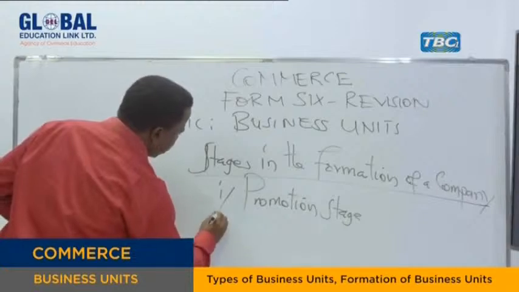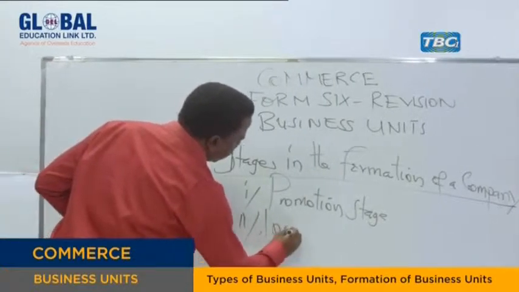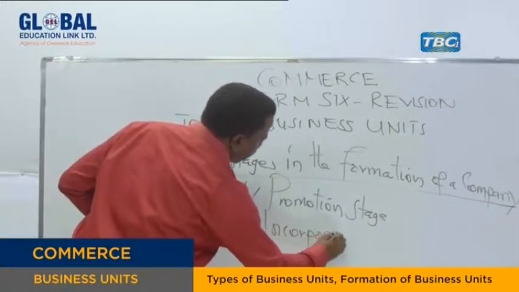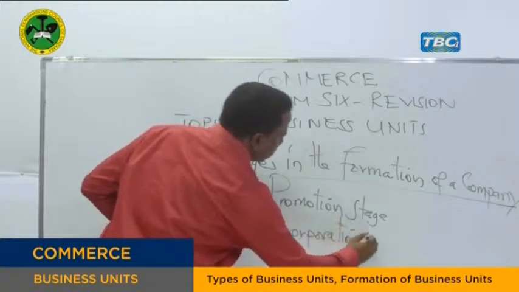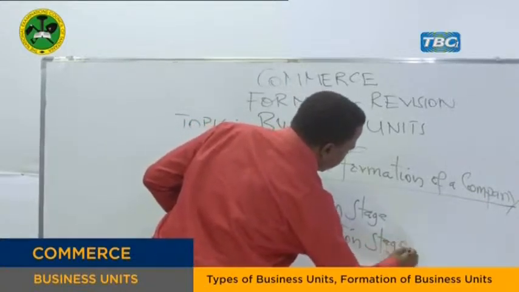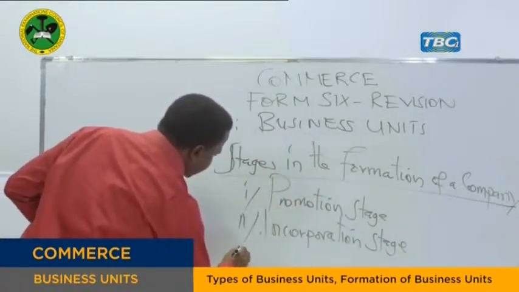Number two is incorporation. Number three is capital flotation or subscription.